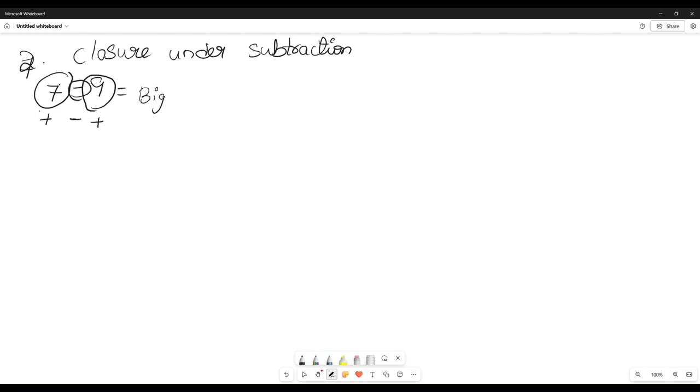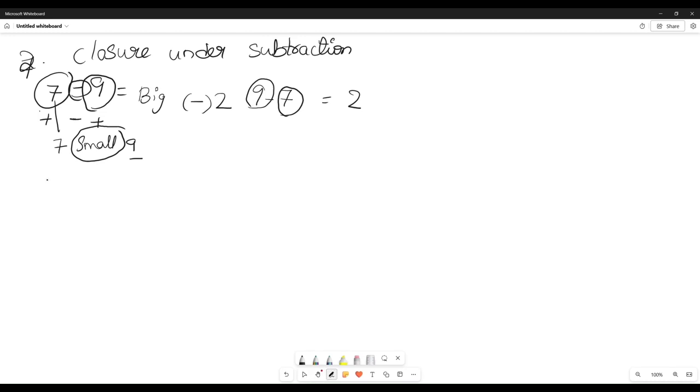If the first number is smaller and the second number is bigger, we get the negative. If the same question we write as 9 minus 7, the first number is bigger than the second number. So here we get 2, and there we get minus 2. It depends upon the bigger number and where it is.